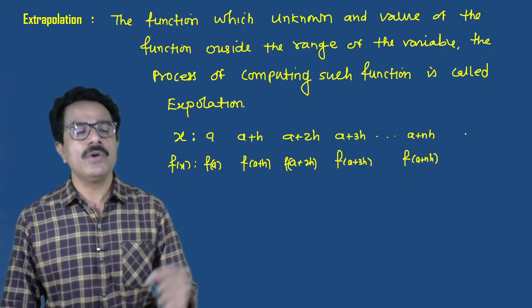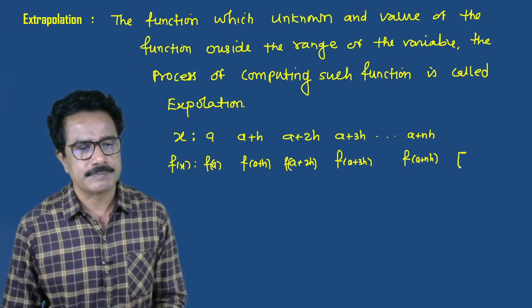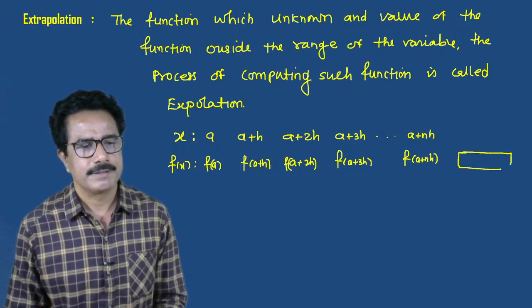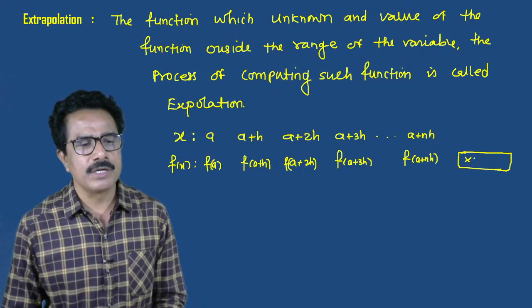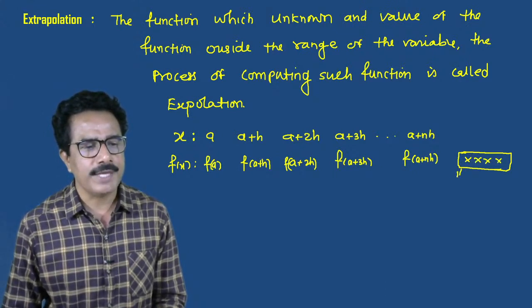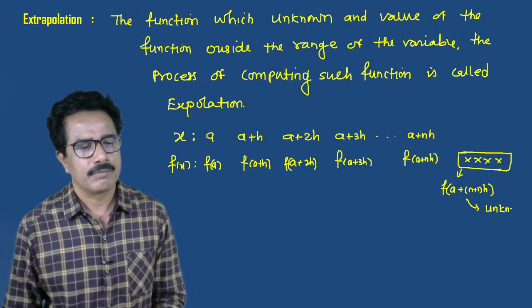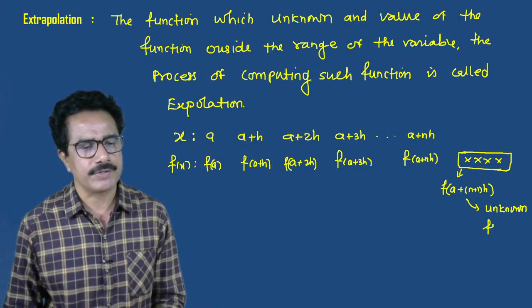If the unknown term is out of the range, see this, this is the unknown term. Suppose after f(a plus nh), it is f(a plus n plus 1 times h). This is the unknown function.